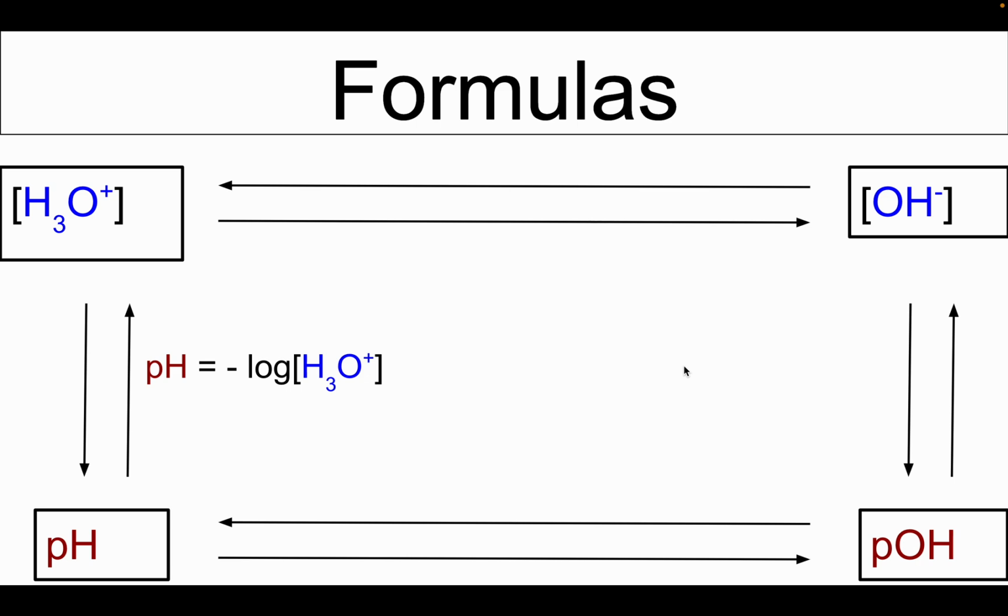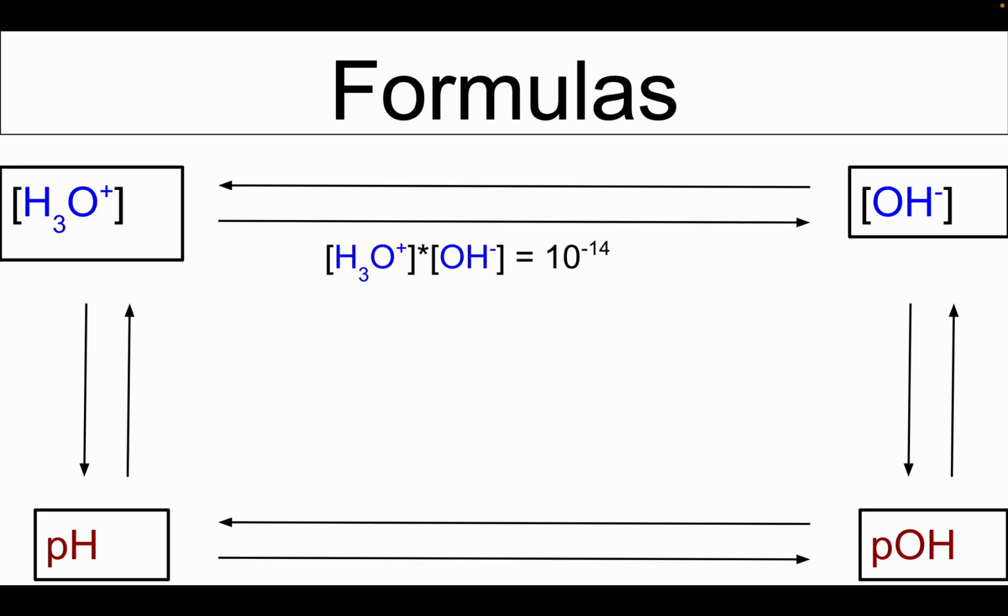So in this case, pH means negative log of hydronium, and pOH means negative log of hydroxide. Okay, and then if we want to go back and forth between the pH and the pOH, those values will always add up to equal 14. So we can use that equation if we know pH to get to pOH or vice versa.